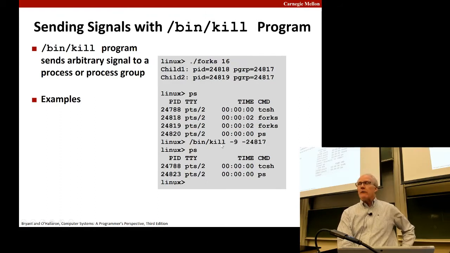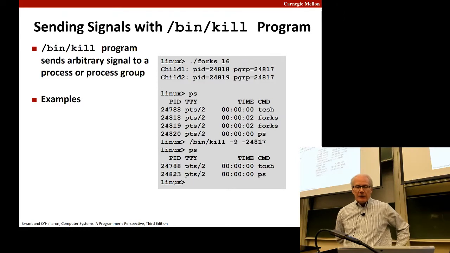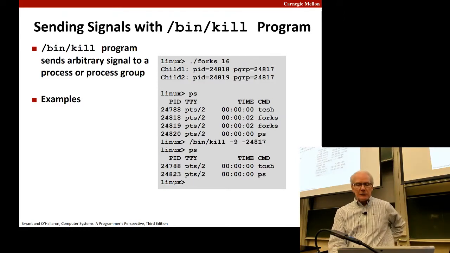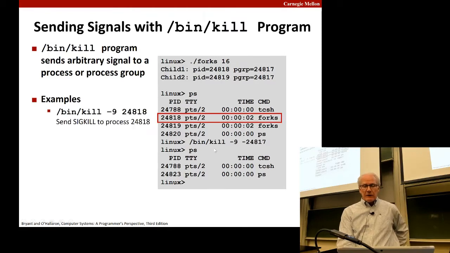But the more exotic version is if you give a negative number as the first argument, then that's actually the signal type. You remember from the table before that signal type 9 is SIGKILL, so you can say deliver signal type 9 to something.